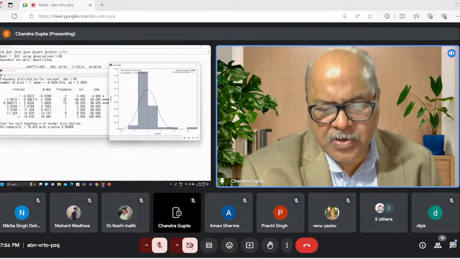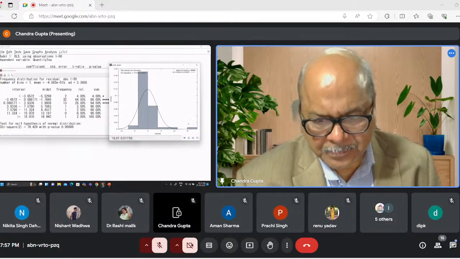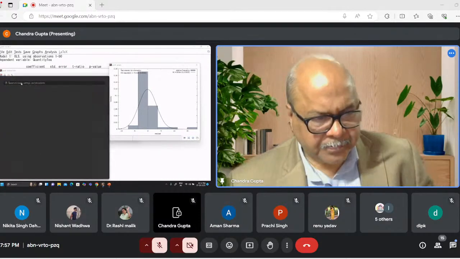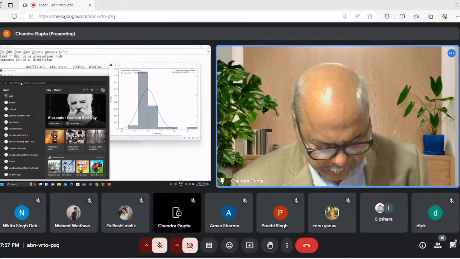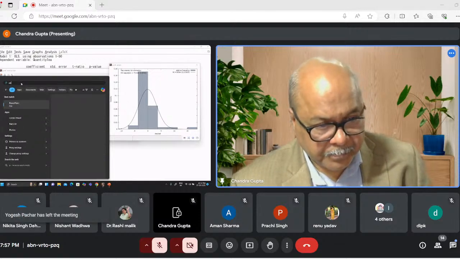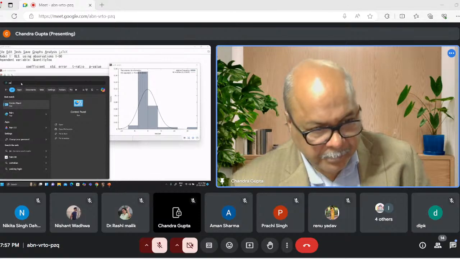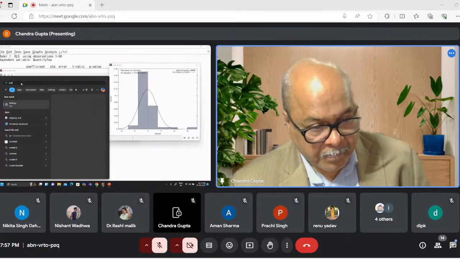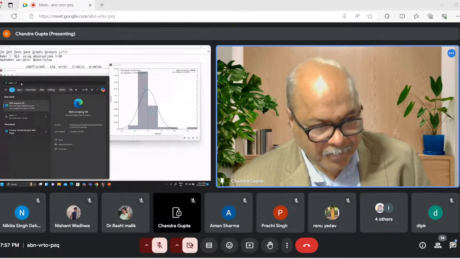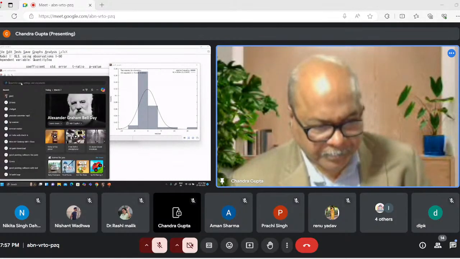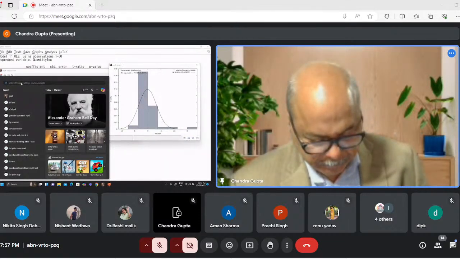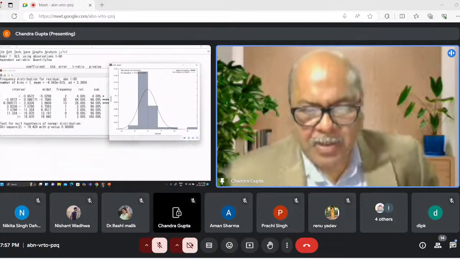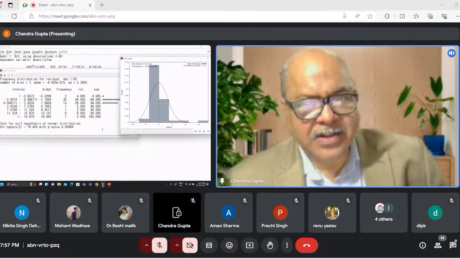And this shows a skewed function. Anyway, do you understand this output?